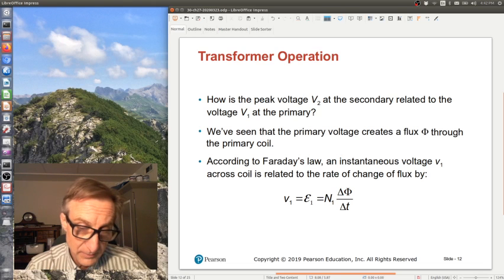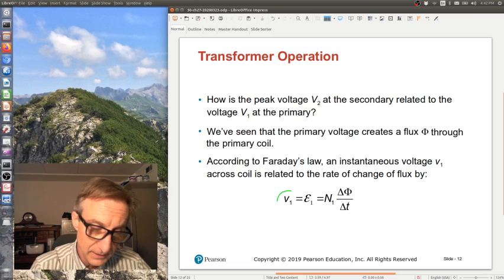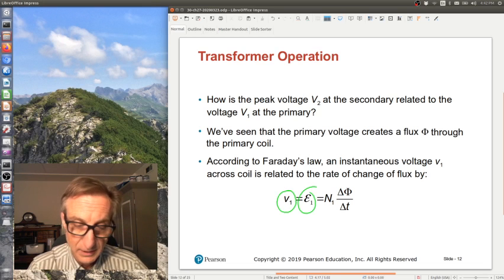We've seen that the primary coil creates its own flux, and according to Faraday's law, an instantaneous voltage V1 across the coil is related to the change in flux by this. V1 is equal to E1, the EMF of that coil, which is N1 delta phi over delta t.